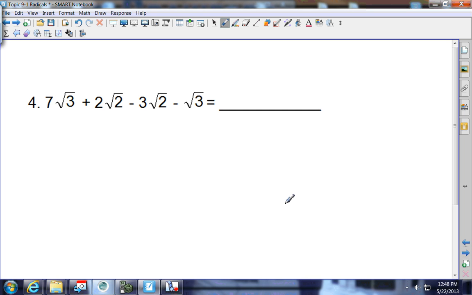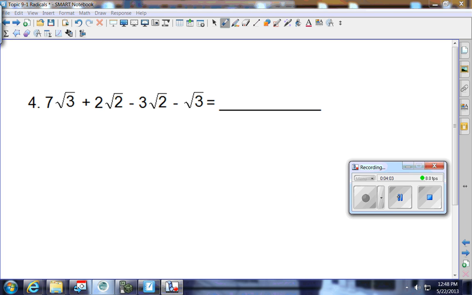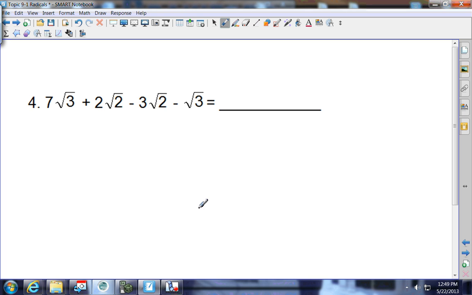Here's the next one. Let's write this one down and try this one. In this problem, you're going to look and see which ones go together. I have the square root of 3, and here's the square root of 3. What number's here in front of the square root of 3? It's a 1. If there's not a number, it's a 1, remember?